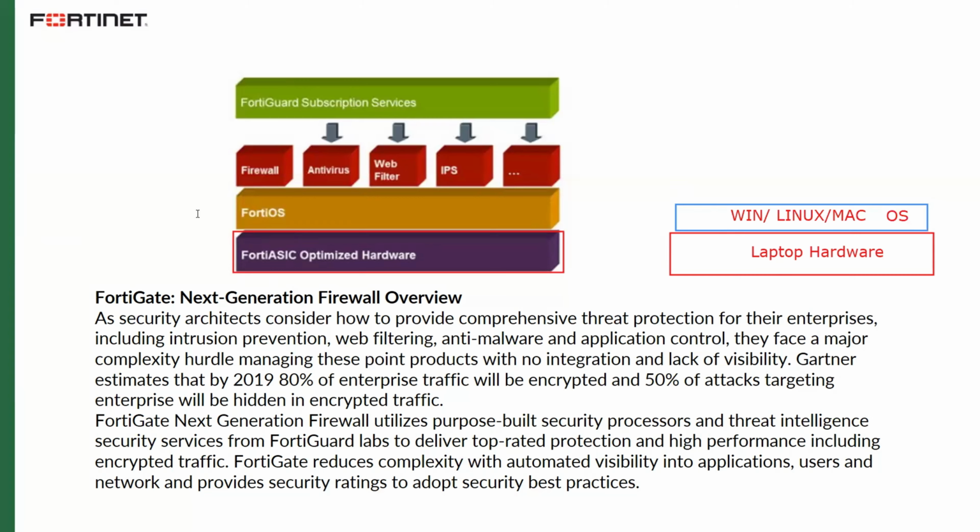Same way, FortiGate firewall says, I have hardware, and inside the hardware, I have one operating system installed, and this operating system is FortiOS. They have given it the name FortiOS. See, this FortiGate operating system is also designed based on the Linux kernel.